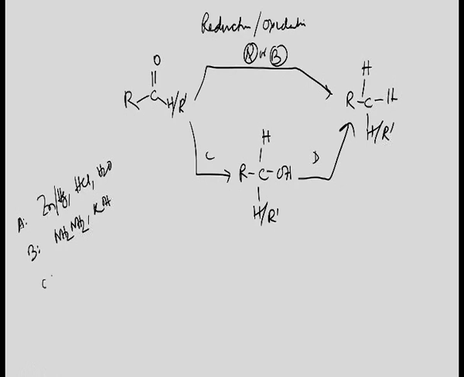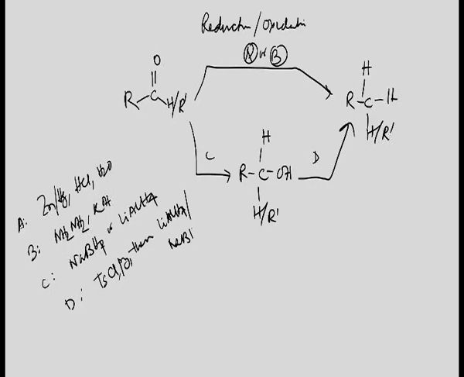Now the reduction we know, sodium borohydride or lithium aluminum hydride, and D will be, so here you have to put a tosyl group, tosyl chloride pyridine, and then the OH group can be removed to the alkane, then lithium aluminum hydride or sodium borohydride.